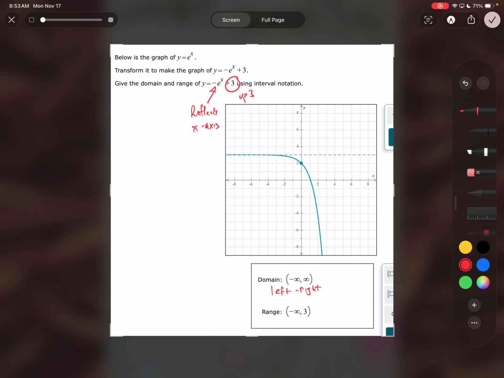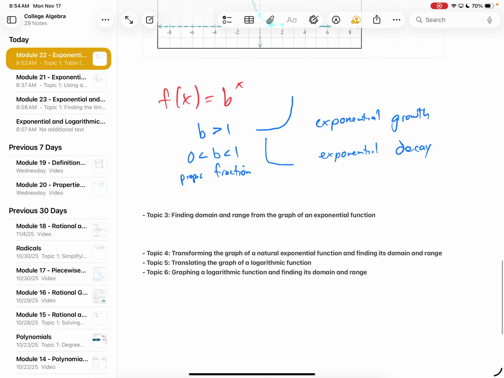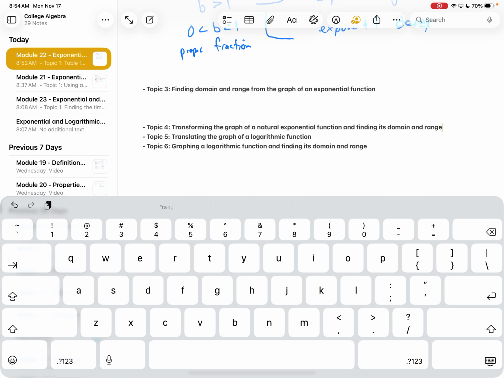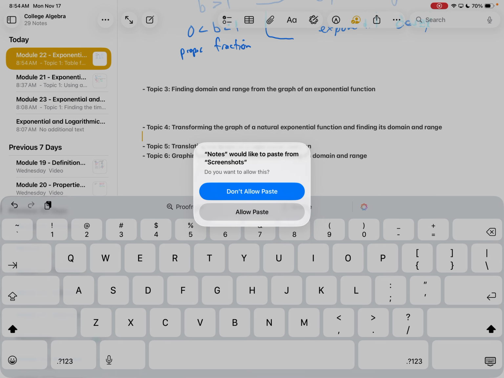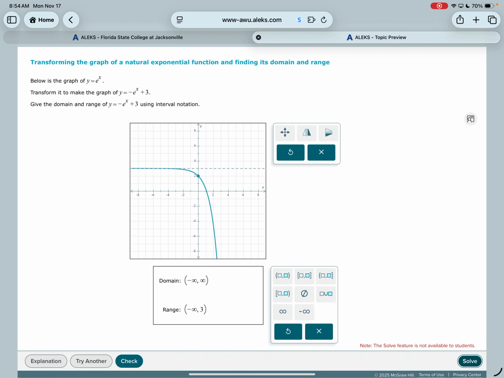My domain is my x, so that's left to right, and it is going to be all real numbers. To back up, the domain is the one that's always all real numbers, negative infinity to infinity, because it always goes left and right.